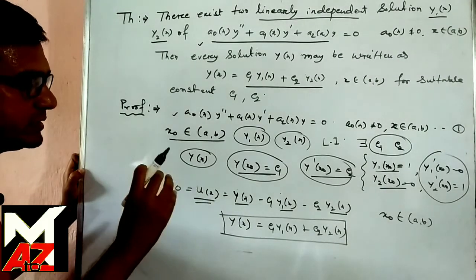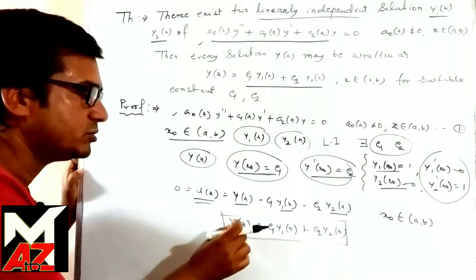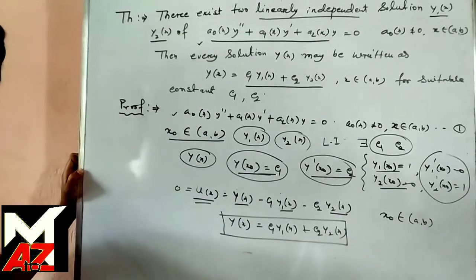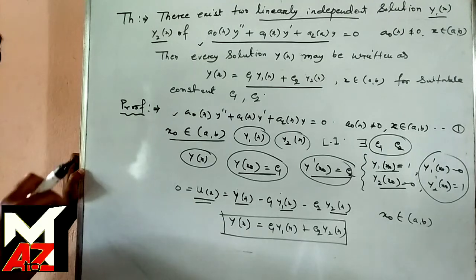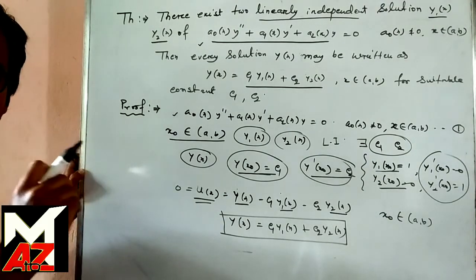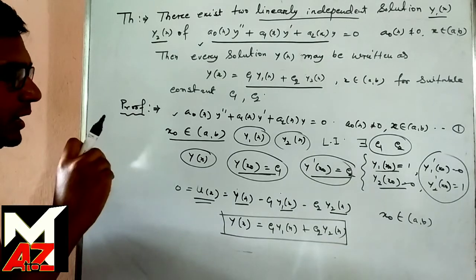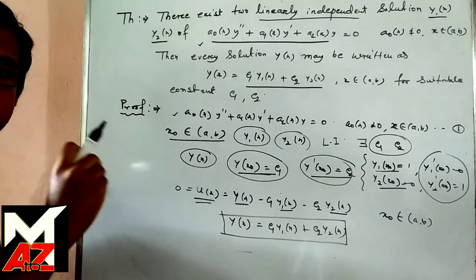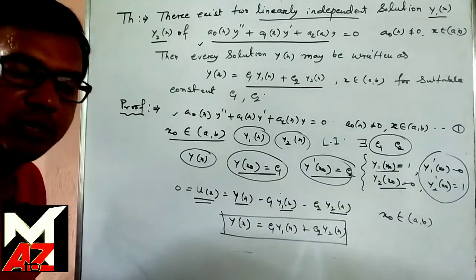So we say that any solution y of x can be written as a linear combination of two independent solutions, where c1 and c2 are suitable constants.